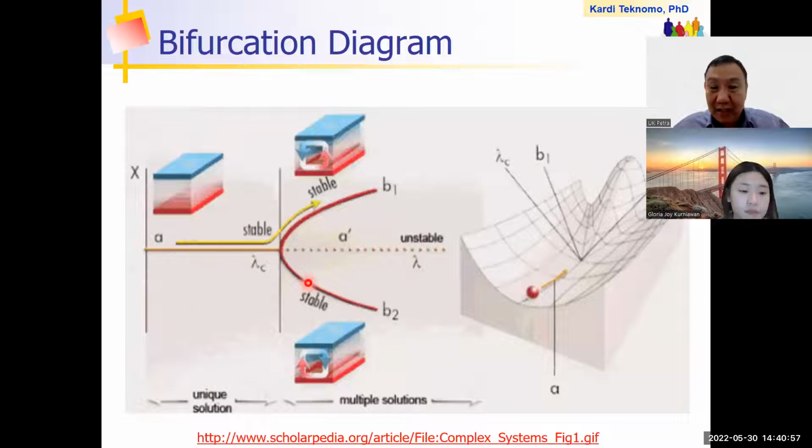So diagrammatically it is something like this. This is your value, and this is your parameter. Lambda here is the parameter. Up to a certain point, there is no problem. It's like linear. And then suddenly, what is this? Suddenly you have two cycles.